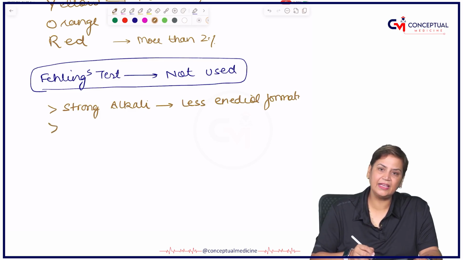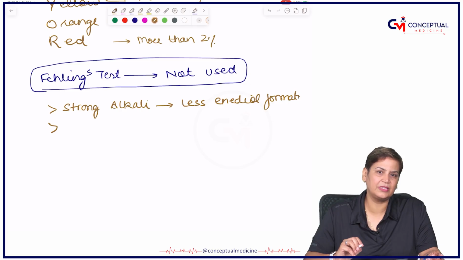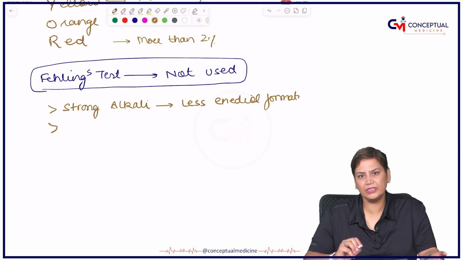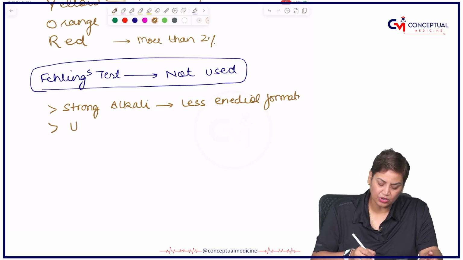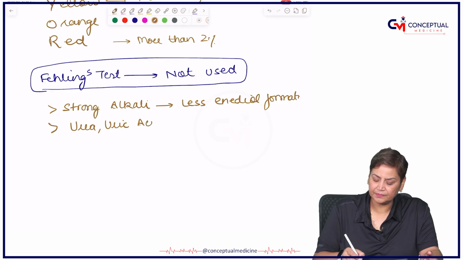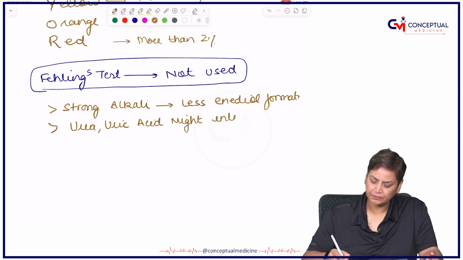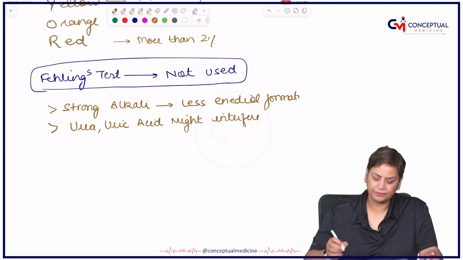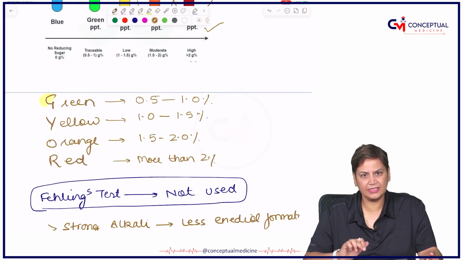And second, this is a test which can actually check the presence of abnormal constituents in urine. But in Fehling's test, the only thing is that sometimes uric acid also might interfere, which can again give a wrong result. So this is Benedict's test, right?